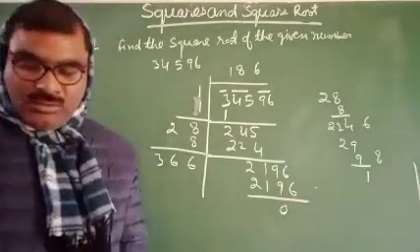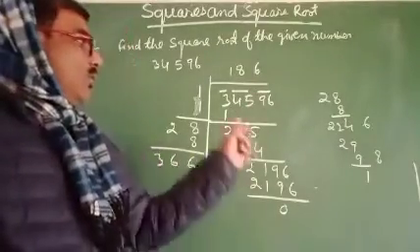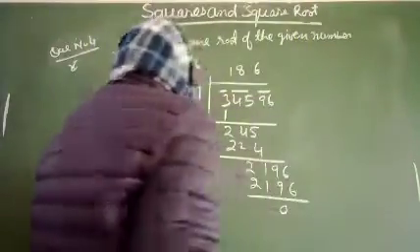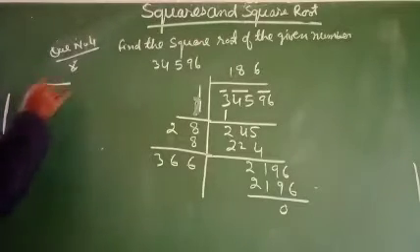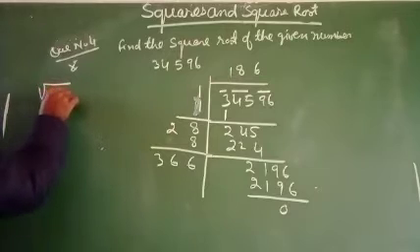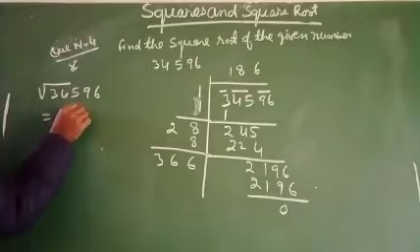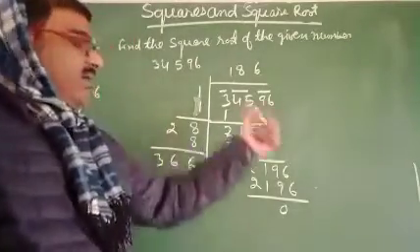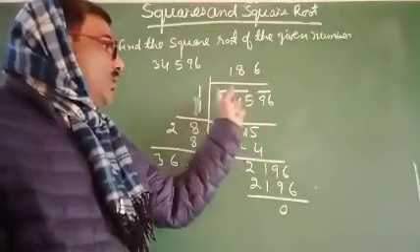So the square root of 34,596 will be 186. Dear students, as you know, I have already explained that here are 3 periods, 1, 2, 3.